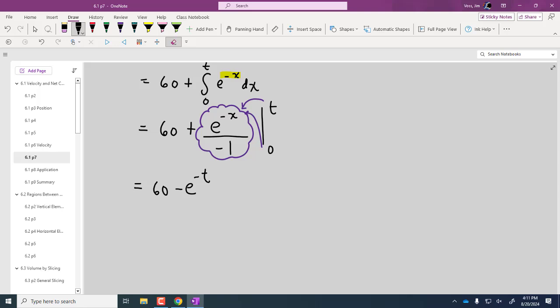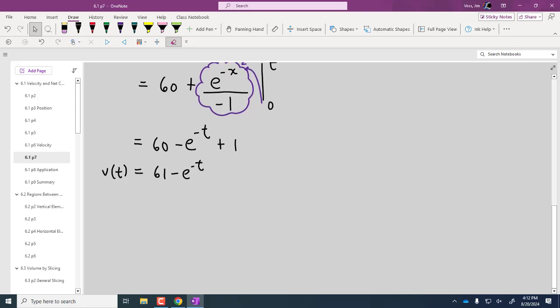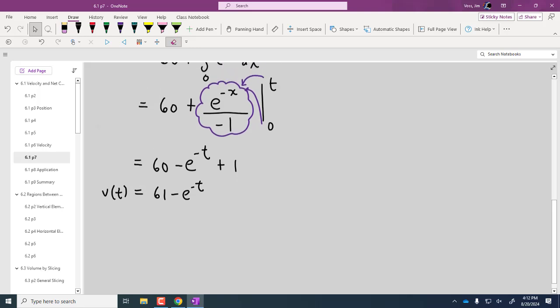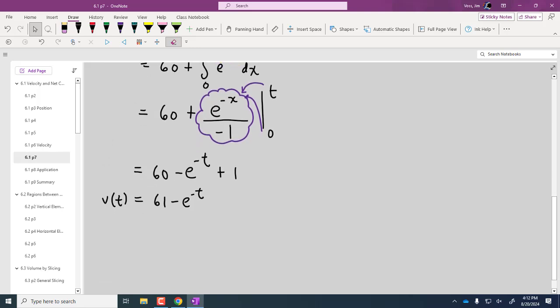So we're subtracting negative 1. So we end up with plus 1. So that will be the velocity function. That velocity function looks like that. There's our velocity function. Let's put a box around it.